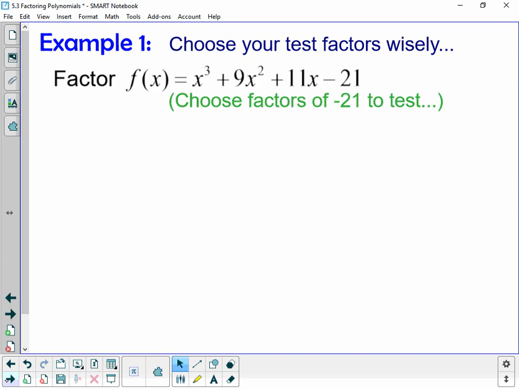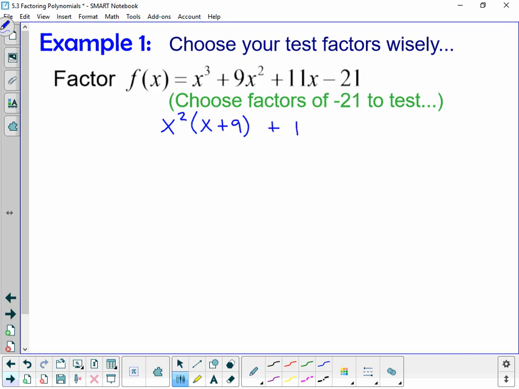Before, if we tried to factor this cubic function, we would maybe notice that it has 4 terms, and we would perhaps try grouping, but in this case, grouping doesn't work. Grouping fails. So we need another strategy to try.